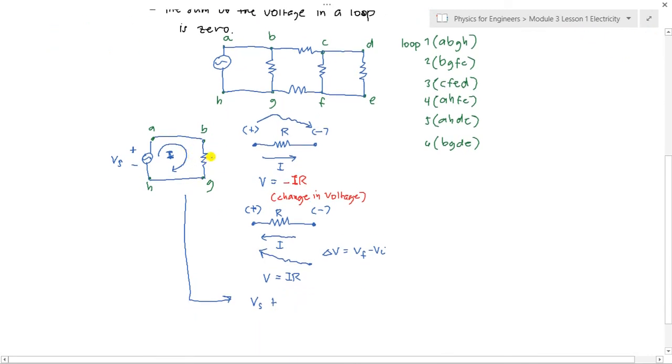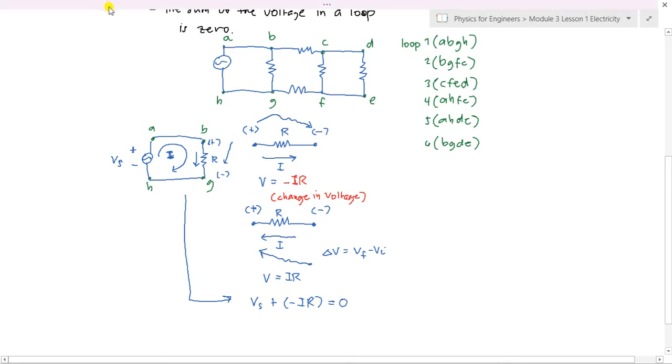So there is a voltage at this R. Let's say this is R. Since the direction here is going toward, and we know that one leg of our resistor is at the positive terminal and this is at the negative terminal, therefore the voltage here has a drop, from higher potential to low. And since this is the direction of our current, that would be negative. The current I multiplied by the resistance of that resistor is equal to 0.